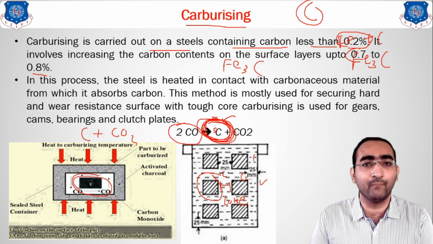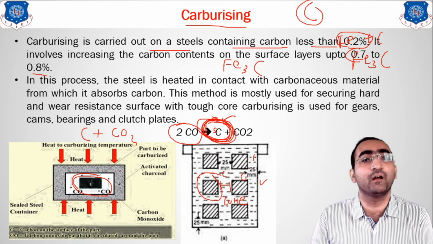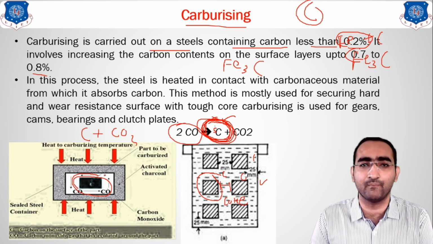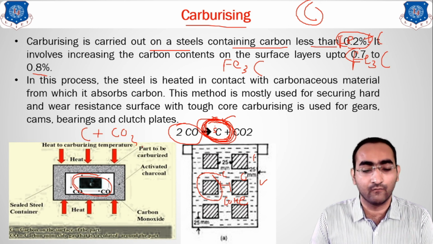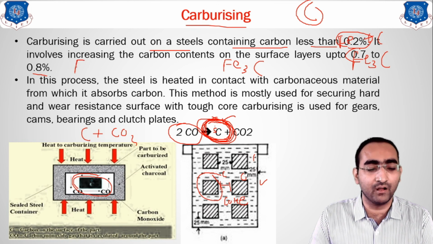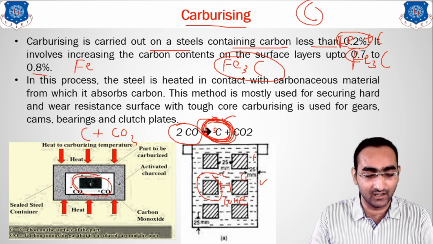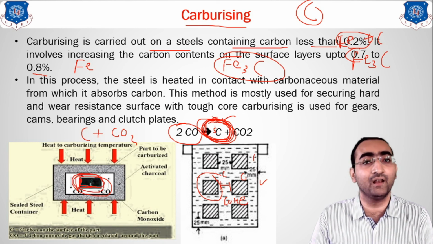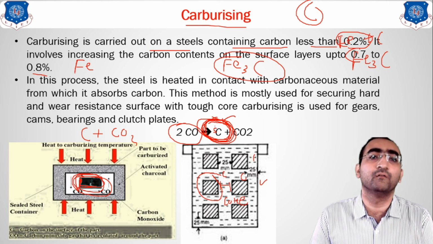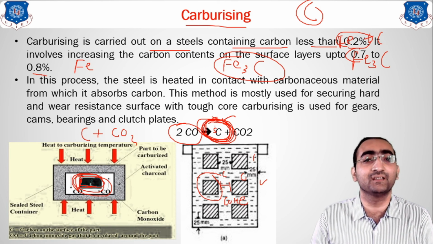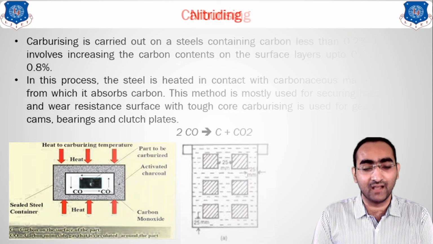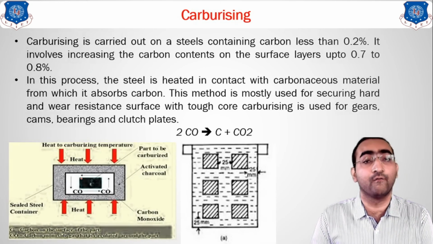After heating, due to the heat, the carbon monoxide decomposes into carbon and carbon dioxide. The carbon dioxide gas never reacts with the specimen. What is left is carbon, and this carbon with iron once again forms Fe3C. As a result, the specimen has Fe3C on it, and the surface of the material is hardened with the help of this method. So this is how the carburizing method works.